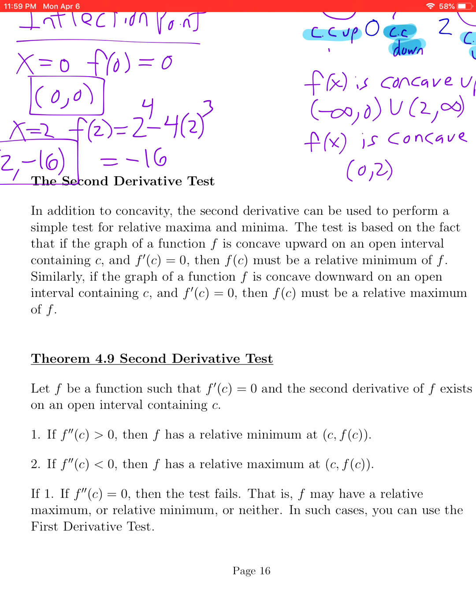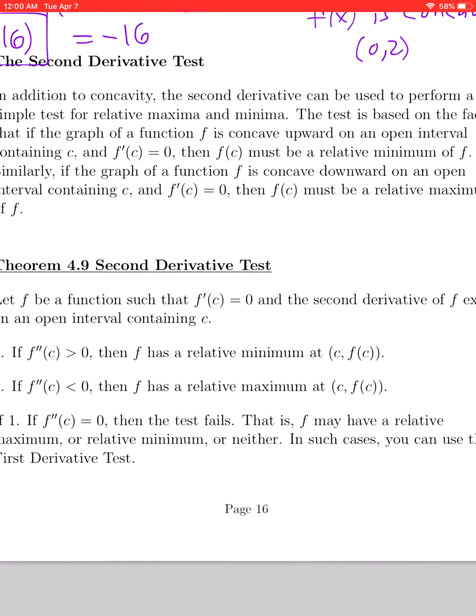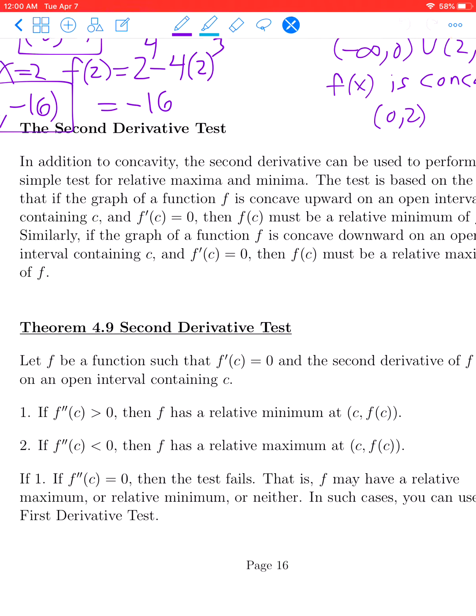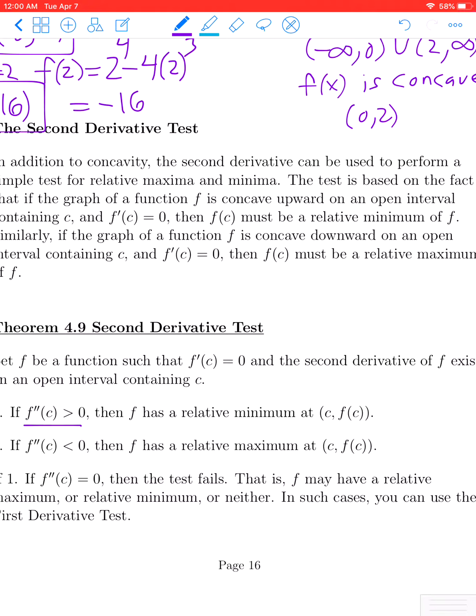One of the images I've always seen people use to describe this, which might help you memorize the second derivative test, is this: if the second derivative is greater than 0, then the graph would be concave up. So think of the second derivative as positive, like a happy face.